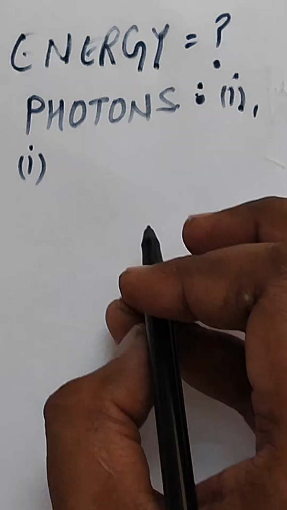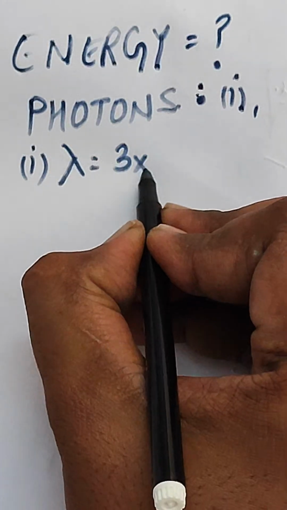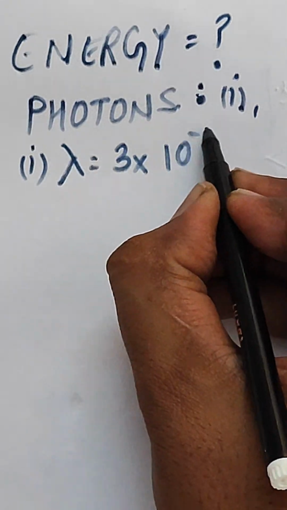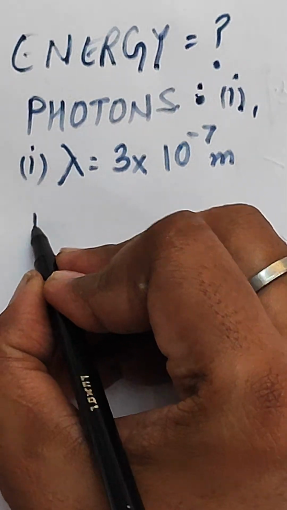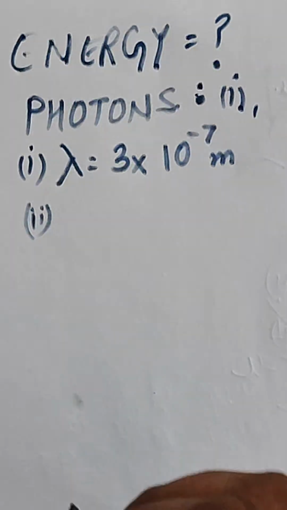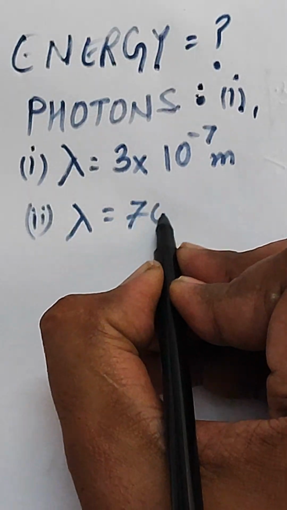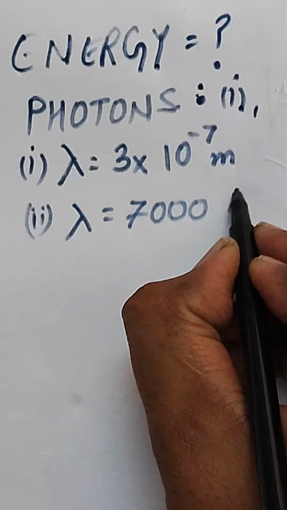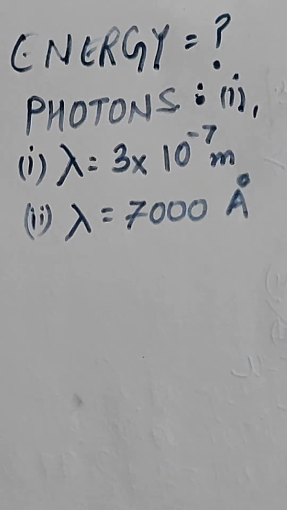The first wavelength is lambda equal to 3 × 10^-7 meter. And the second wavelength is given as lambda equal to 7000 angstrom. This is the sign of angstrom, I think you remember. Now, to calculate this, let us see.